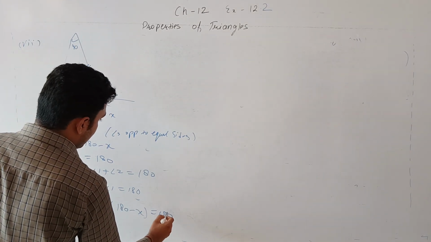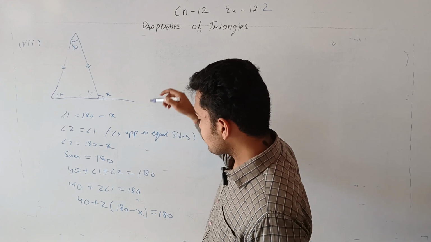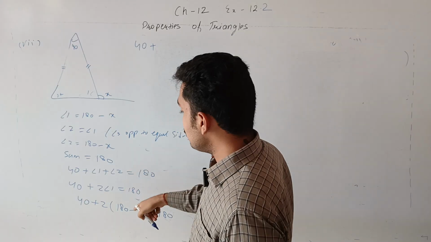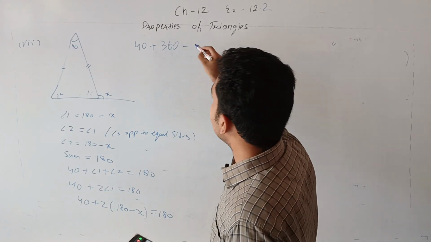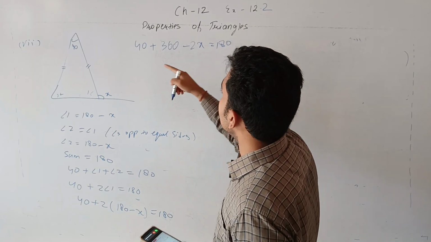Therefore, from here we can write 40 plus 2 into 180 is 360 and minus 2x, 2 into x, is equal to 180.